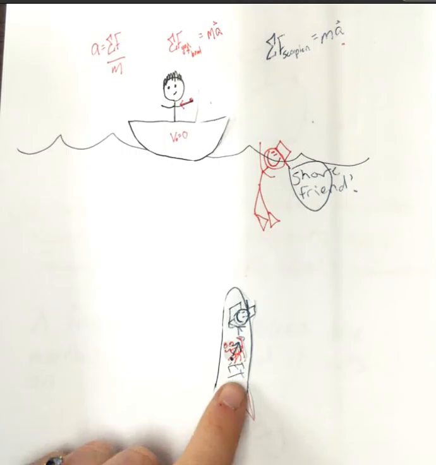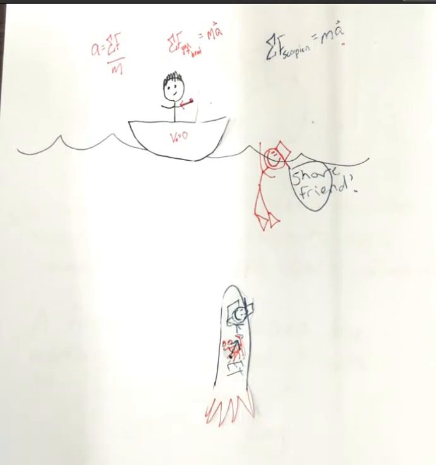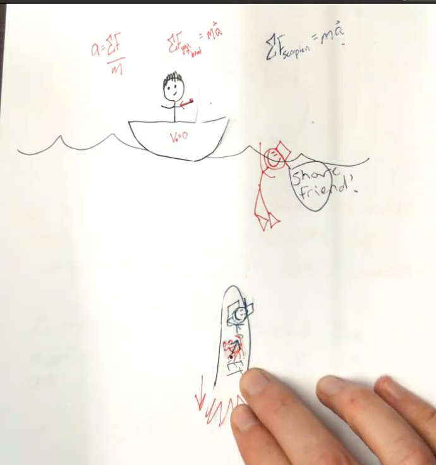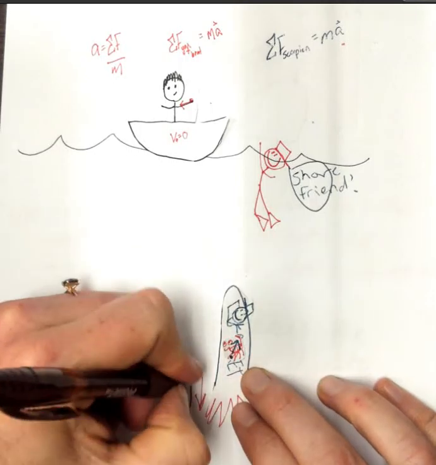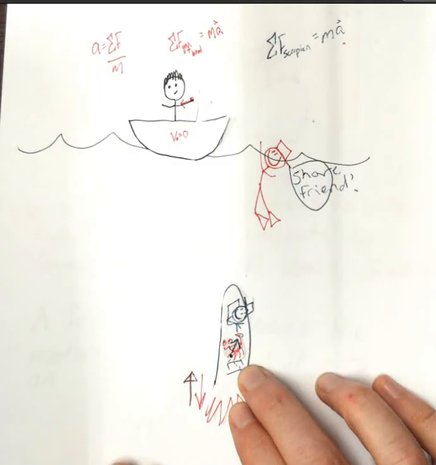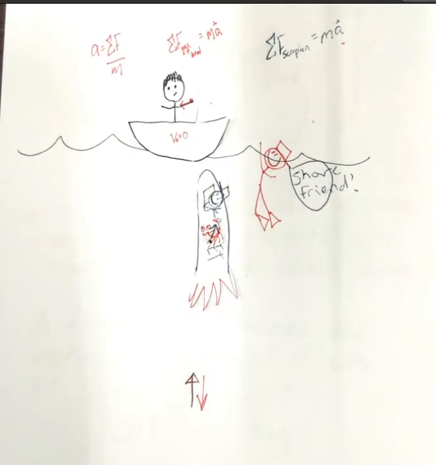And that means that the rocket is applying a downward force on the gas. And according to Newton's third law, the gas is then applying an equal but opposite force upward on the rocket, causing the rocket to accelerate upward as long as there is a force on the gas.